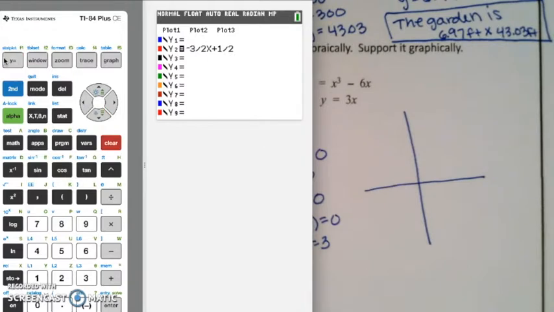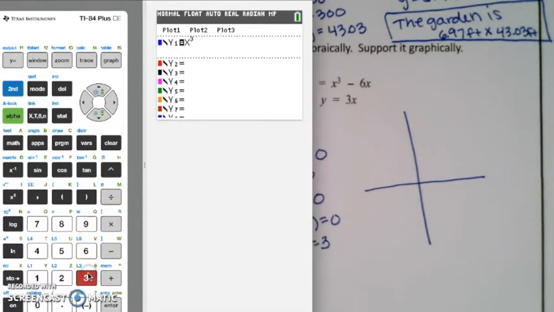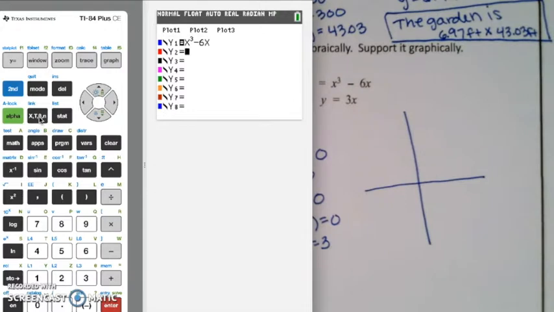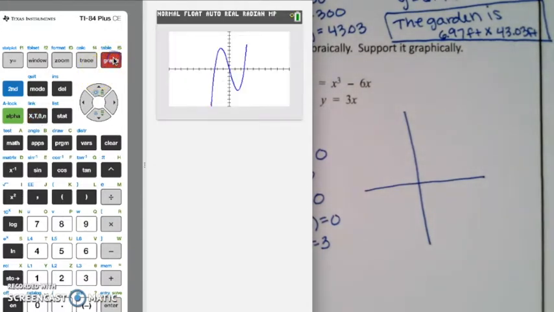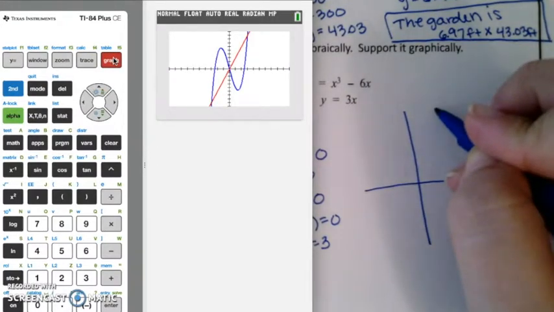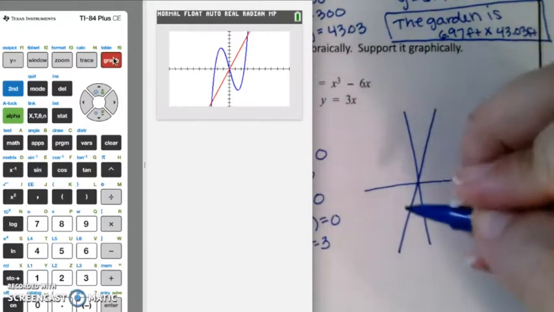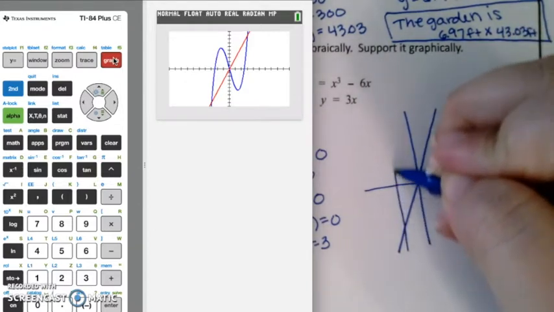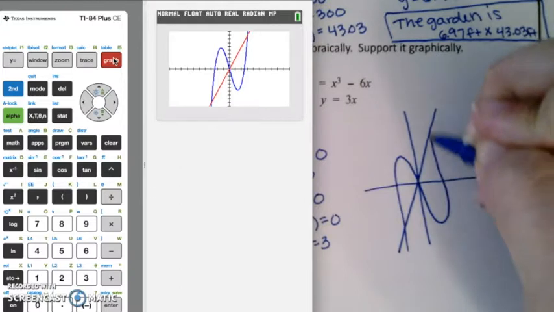and I clear my graphs, and I say my first line is x cubed minus 6x, and my second line is 3x, and I want to graph those, I end up with this line and this cubic function.